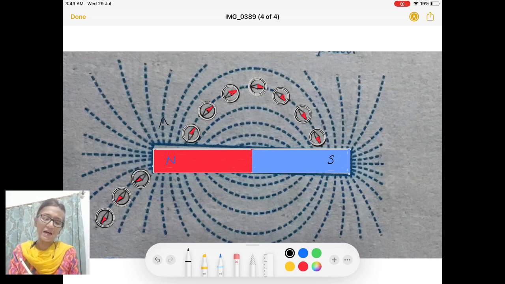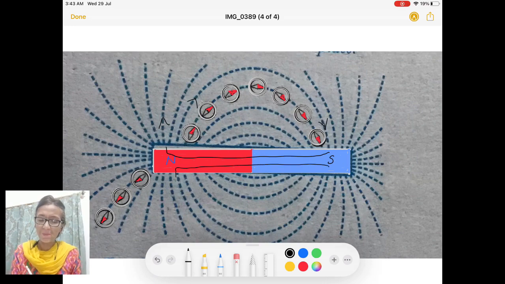Magnetic field lines are directed away from the North Pole, and they make closed continuous loops as they emanate from the North Pole and go to the South Pole externally, and then continue inside the magnet, forming a closed continuous loop.